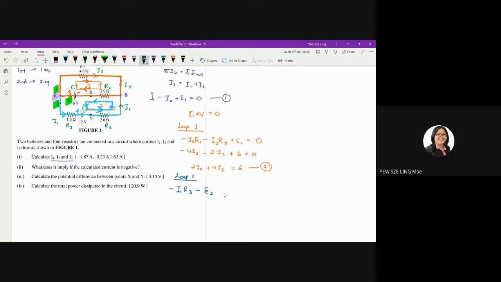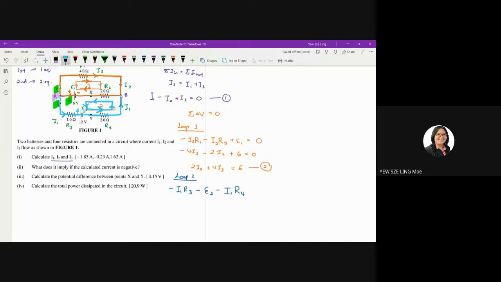Okay, I have a negative value again. So negative I1 R4 because of the potential drop. As I keep traveling, once again, I reach point B, junction B. But that is not the end of my journey yet because I need to complete one loop.